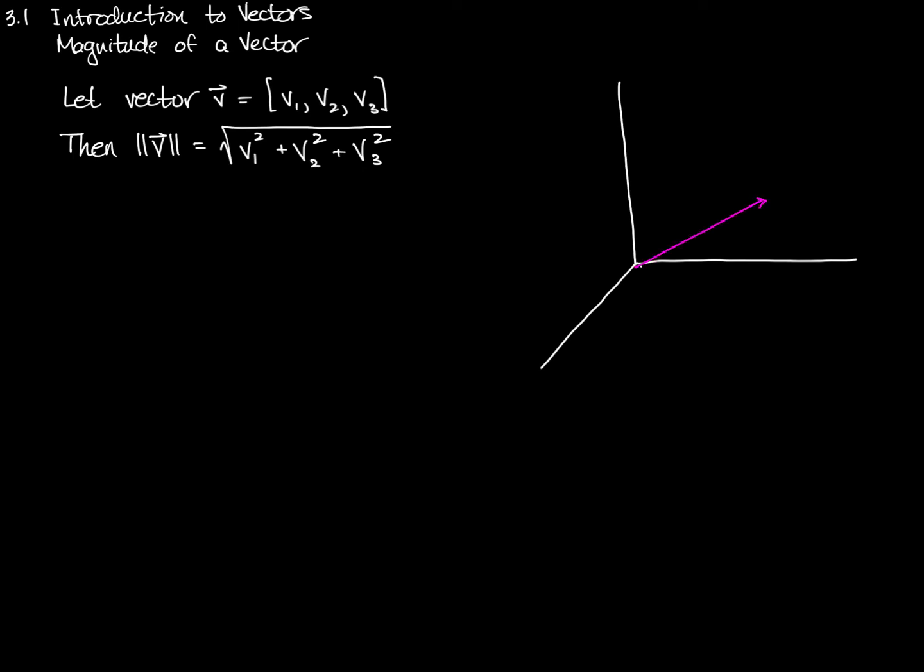I go out x, along y, and up z to get to the terminal point. So this is my v1 coordinate, this accounts for my v2 coordinate, and this accounts for my v3 coordinate. And there's no triangle here.